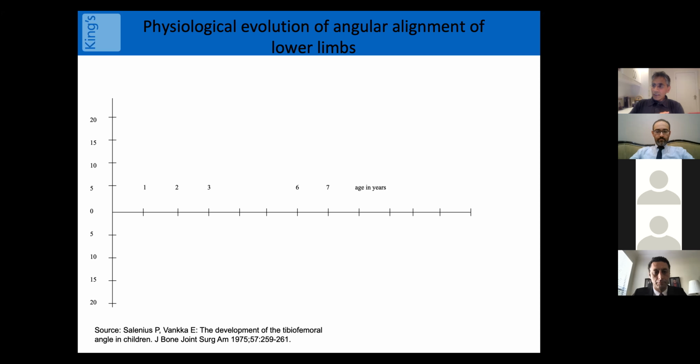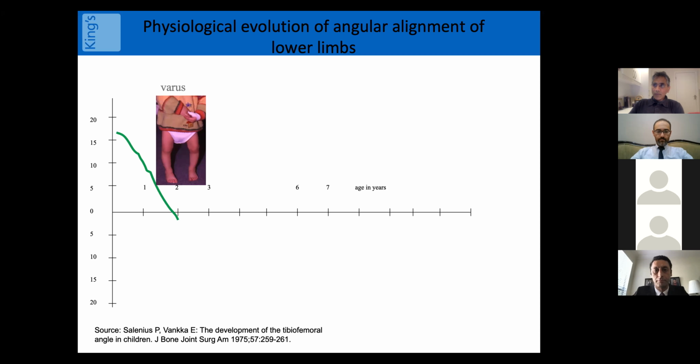This was done in 1975 on an American population, and they had X-ray assessment. They gave us the prototype of what happens. Generally a human baby is in varus at birth and slowly improves to neutral. This happens between 1 to 2 years in the Caucasian population.